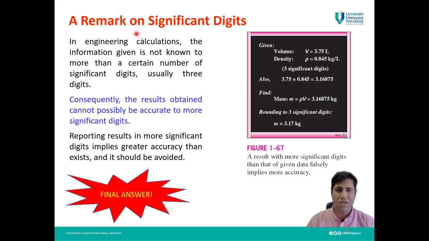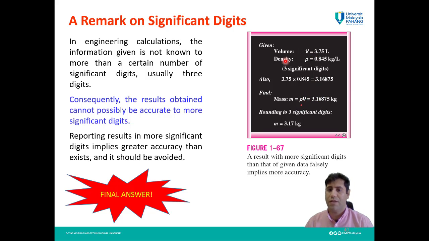This is also important: a remark on significant digits. Your final answer cannot be more accurate than what you have. For example, volume 3.75 liters and density 0.845 kilogram per liter are given. As you can see, here we have three significant digits, and here we have three significant digits. Then we are going to calculate the mass. As you may know, mass is equal to density times the volume.